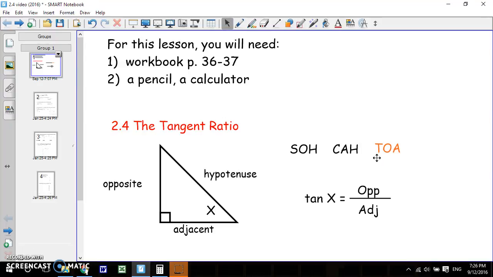So T stands for tangent of x, O over A stands for opposite over adjacent, in TOA. You can copy this diagram and this relationship into the margin on page 36 to remind yourself that tangent is also a primary trigonometric ratio.